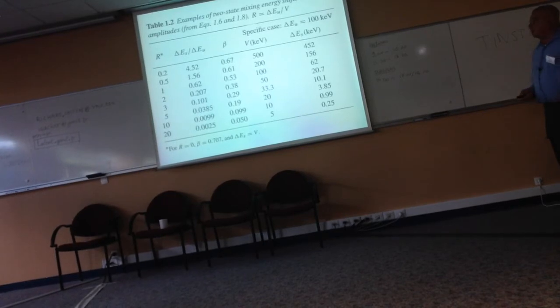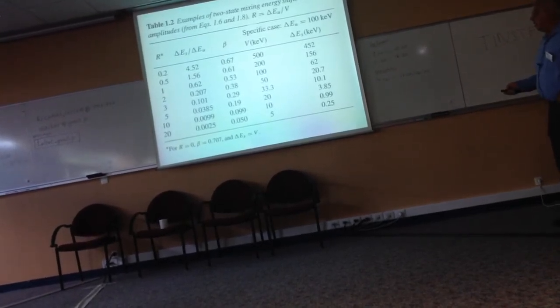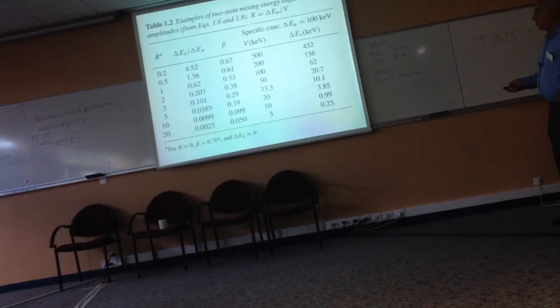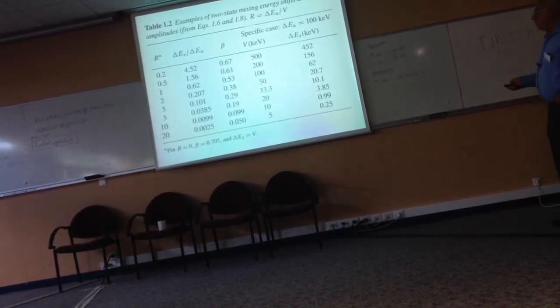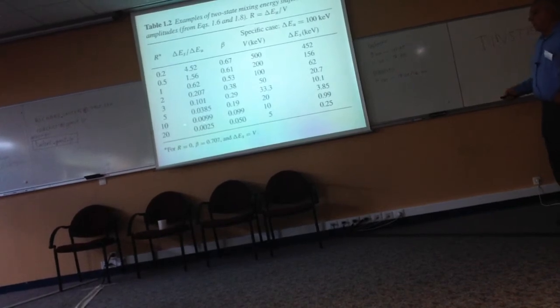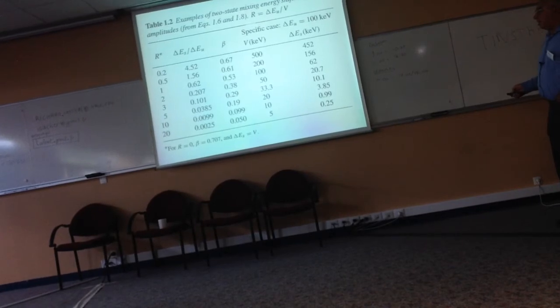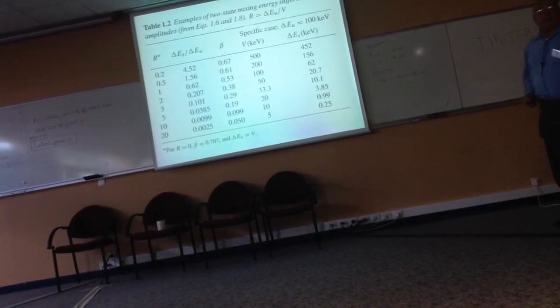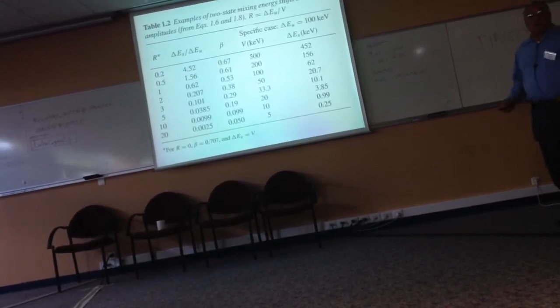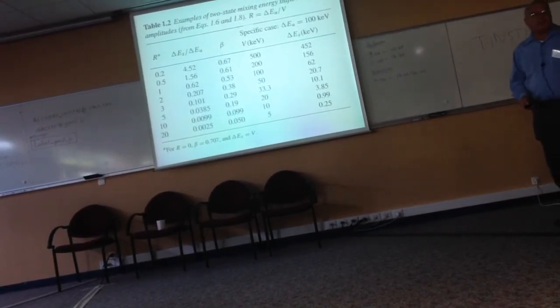That's a huge mixing. If I take R of 1, the wave function amplitude will be 0.53, and the levels will each move 62 kilovolts. If I take an R of 10, the wave function amplitude is 0.1, and each level will move 1 kilovolt. Okay, and you can fill in any other numbers you want here. This gives some nice examples. Okie dokie?